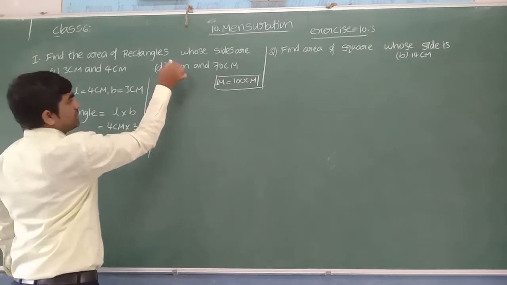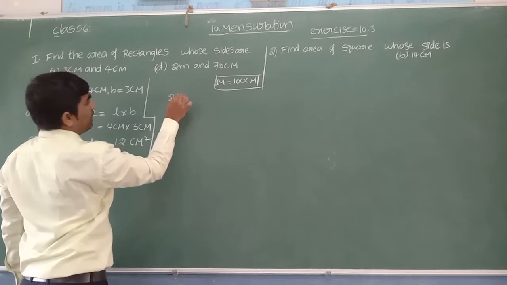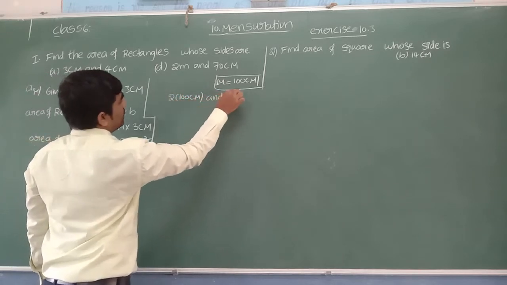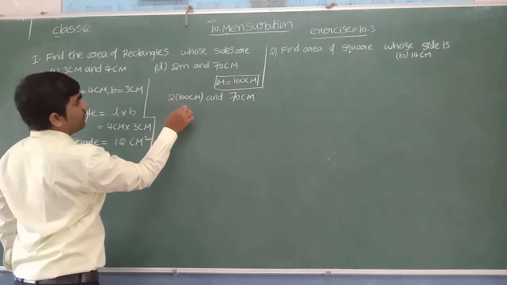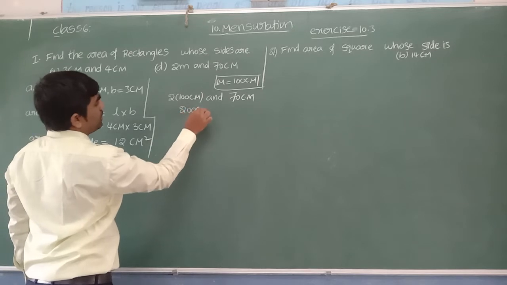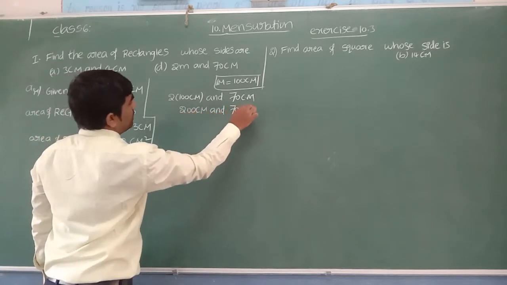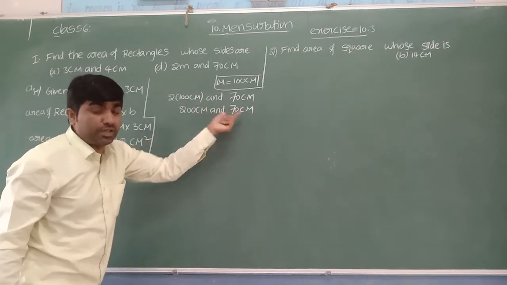Now 2 meters means in place of meter we can write 100 centimeters, and 70 centimeters. 2 into 100, 200 centimeters and 70 centimeters. Now we can see both are in terms of the same unit, centimeters.